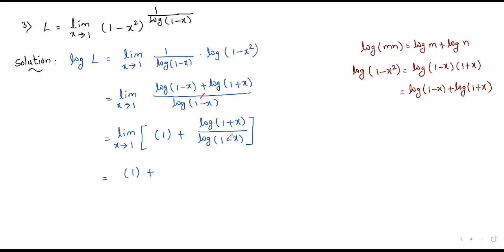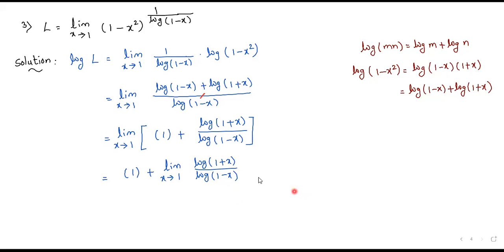So basically it is what? You have to apply L'Hospital rule. Okay, see, this will be limit as x tends to 1 of log of 1 plus x divided by log of 1 minus x. This is an indeterminate form. Check the denominator: 1 minus 1 is 0, log 0 is infinity.